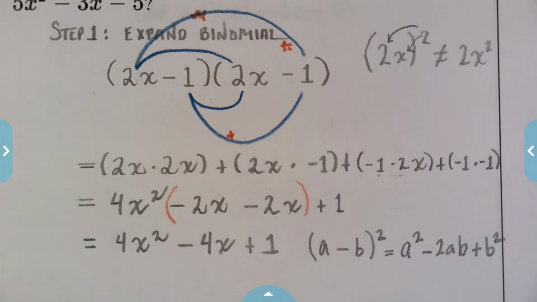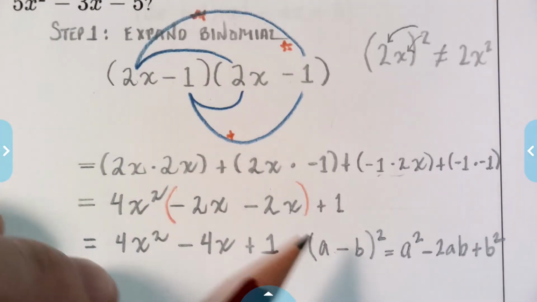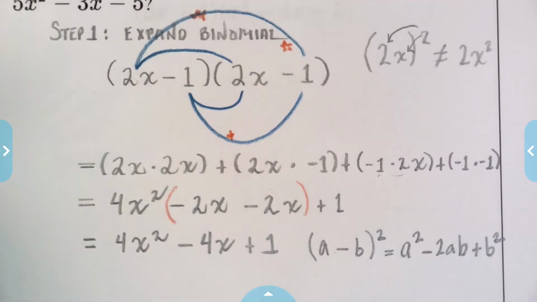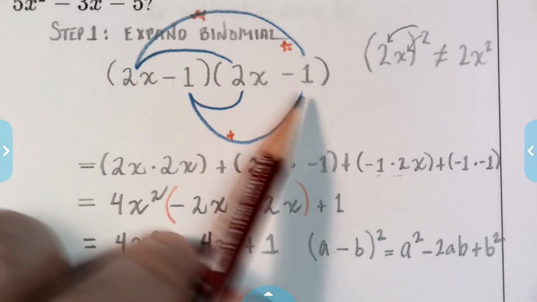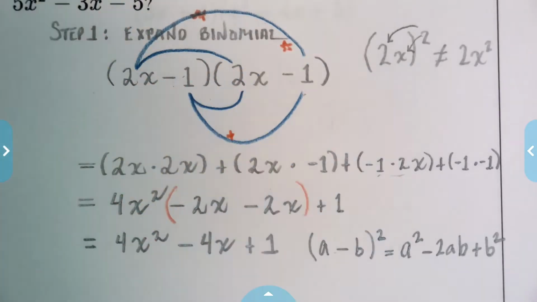Okay, so just a little different than if it was (a plus b) squared, which is a squared plus 2ab plus b squared. And here it's a squared minus 2ab plus b squared, because when you're squaring a negative, it's going to be a positive.